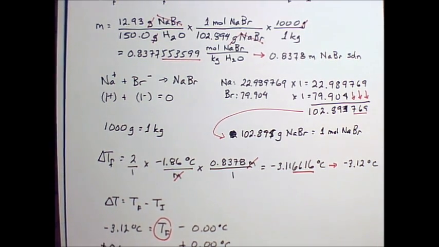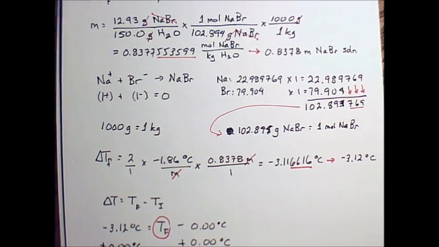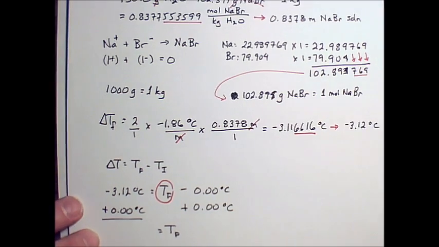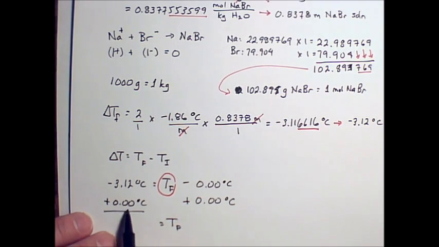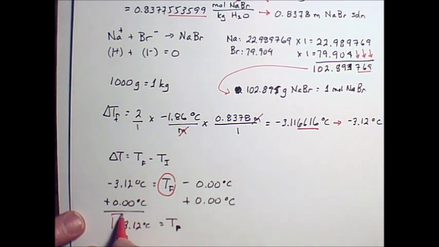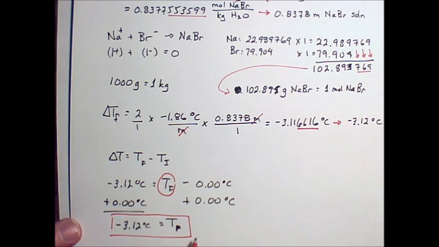Since I added a negative one of these to a positive one of these, all I have left is T sub F. Those basically go away. And when I add this number to 0, I just get the number I started with. T sub F is temperature final. And so our final freezing temperature for this particular solution is negative 3.12 degrees C.